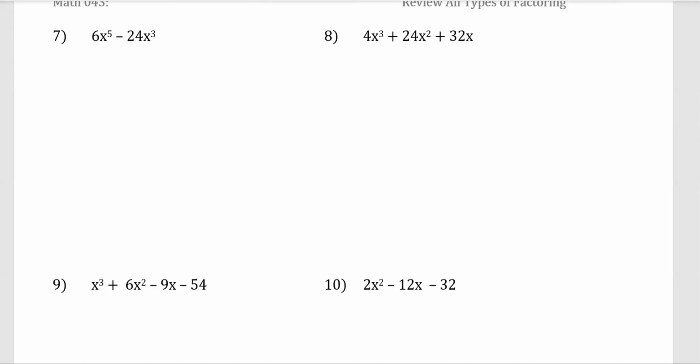All right, number 7. We have two terms, but we also notice that they have a greatest common factor. They both are divisible by 6. They both share a variable x. So factor out the one with the smallest exponent.